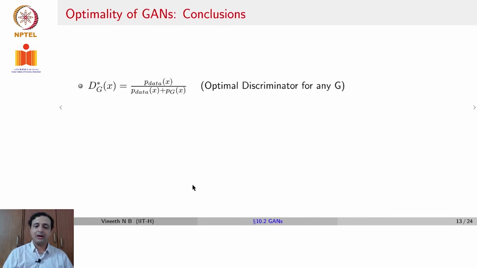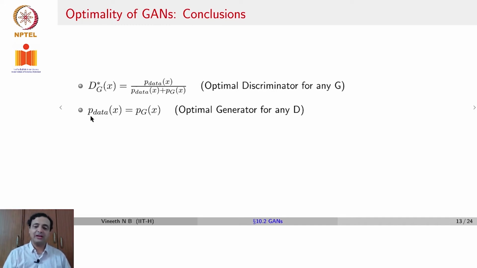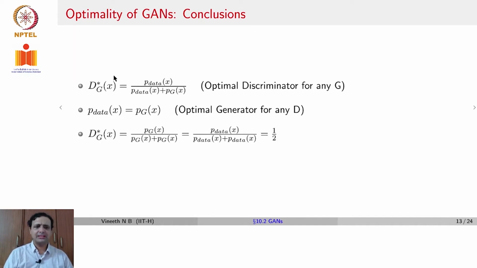So let's bring that back. We also know that at optimality for a generator, p data, or the probability distribution of the training data, is equal to pg, which is the distribution of the generator. Now putting the two together, it states that the optimal discriminator is also pg by pg plus pg of x, because p data is equal to pg at optimality, and that can also be written as p data by p data plus p data of x, both of which equate to half.